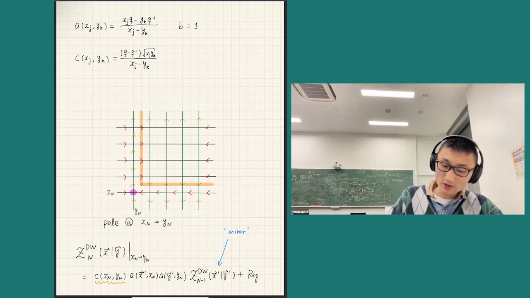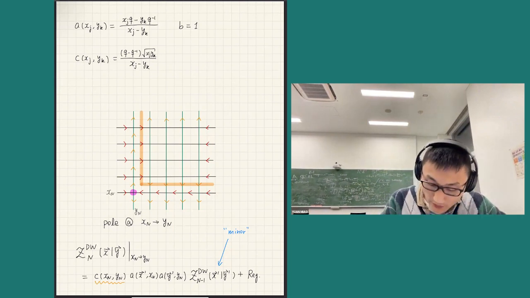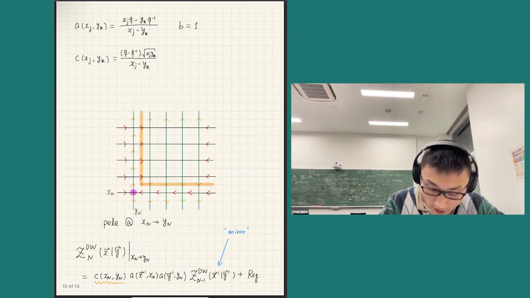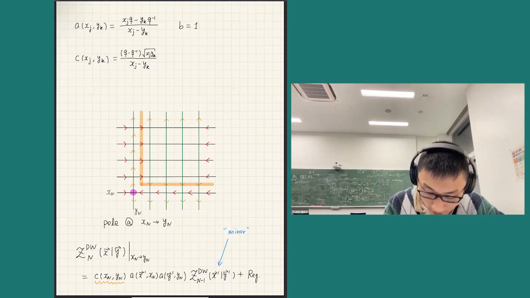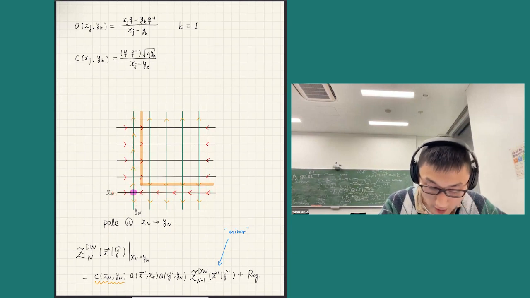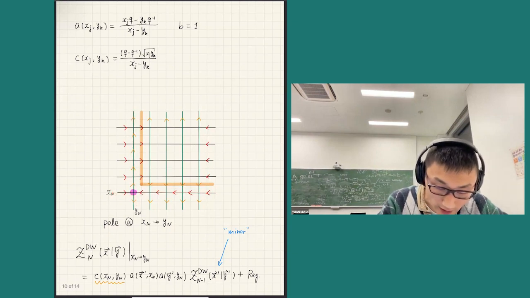And then what we do is to consider the structure of this symmetric function of all these variables. For example, we want to consider a pole at xn to yn. As we can see, there will be poles if in this row and column we have either an A or C vertex.